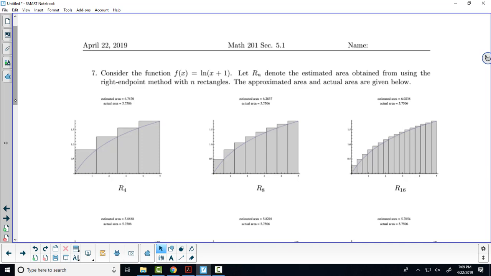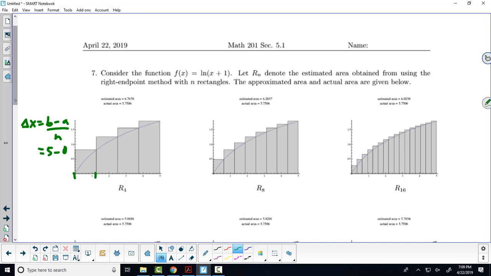Something interesting to keep in mind here is, what's the width of this first rectangle? Yeah, 1 point something. We could actually find it, right? Delta x is equal to b minus a over n. What's my b? 5 minus, what's my a?